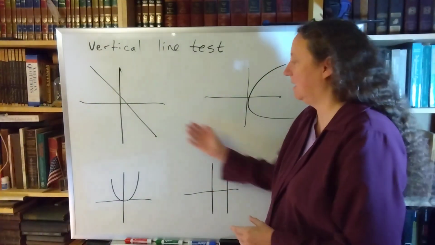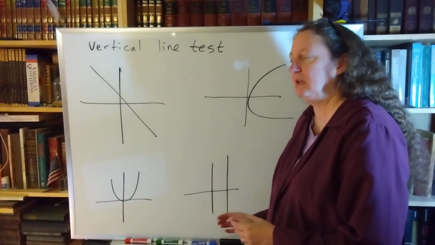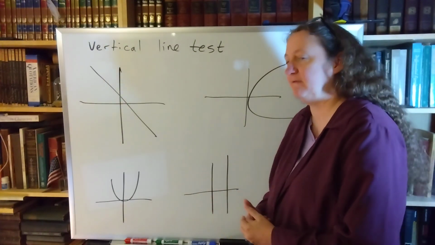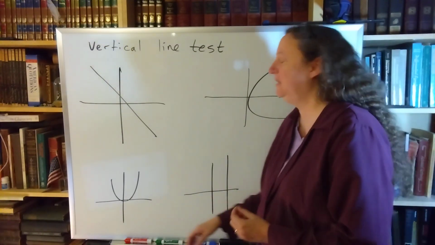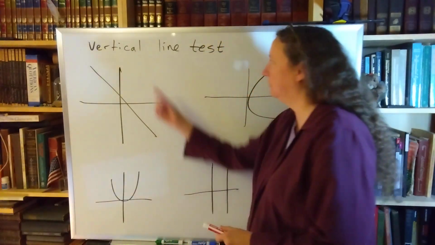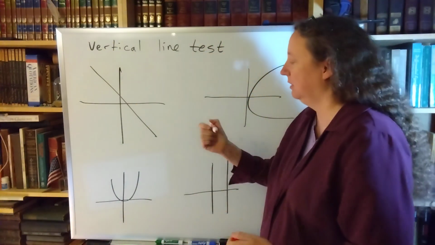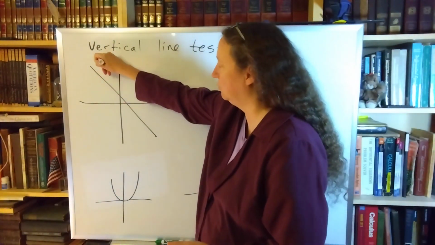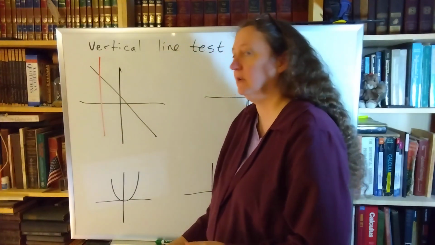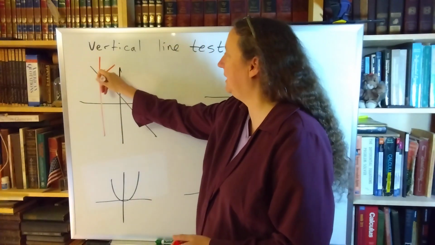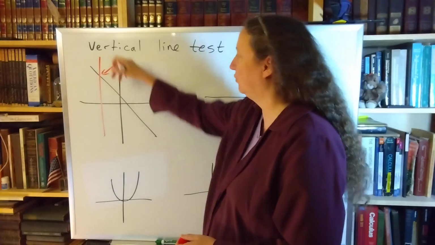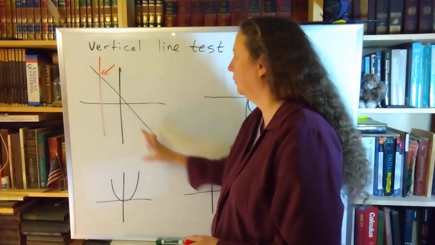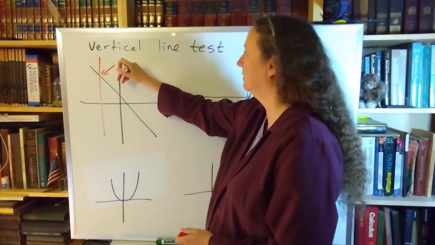If you are given a graph and you are being asked, is this the graph of a function? The easiest way to do that is to use the vertical line test, which means you just draw a straight up and down line and you look to see how many times that line crosses through the equation line.